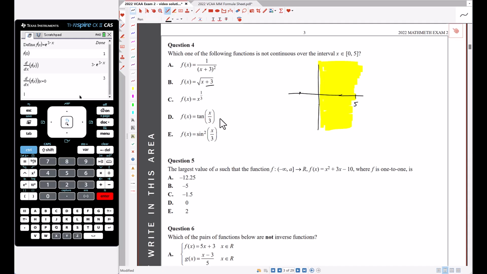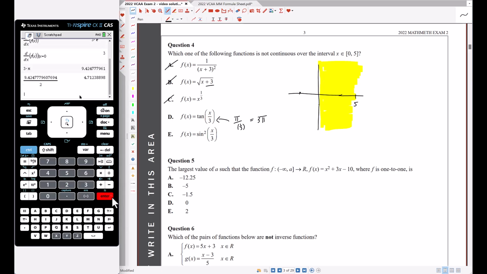Okay, so we're going to need to think about where these asymptotes are, so our CAS might have actually been useful here. We probably need our CAS for these last two, so we've definitely ruled out these three options. We can draw tan of x on 3, obviously, so the period of tan is pi divided by a third, so the period of this is going to be 3 pi, and 3 pi is, let's just get ourselves a decimal, 9.42.